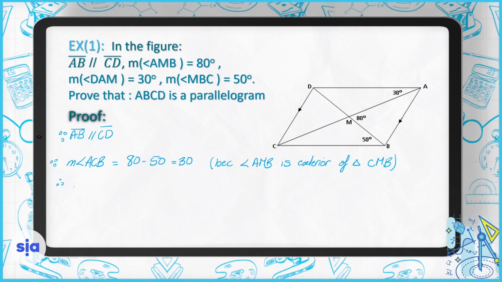therefore the measure of angle ACB is equal to the measure of angle DAC, which is equal to 30 degrees, because they're alternate interior angles.